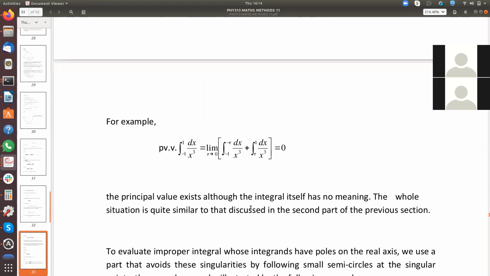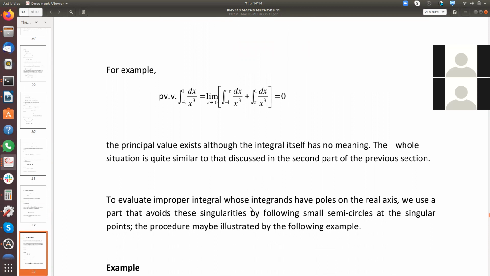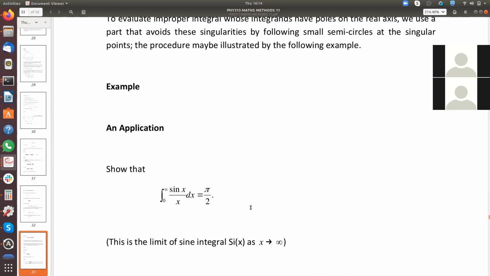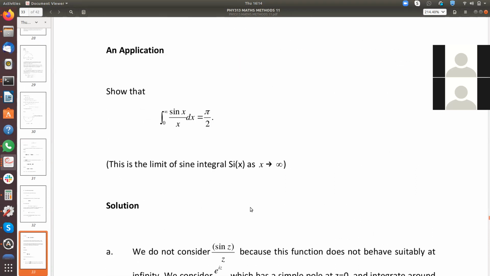I think the best thing is to look at an example to actually understand what we are trying to say. If we have the integral from 0 to infinity of sin x over x dx equals pi over 2, this is the limit of the sine integration as x tends to infinity.